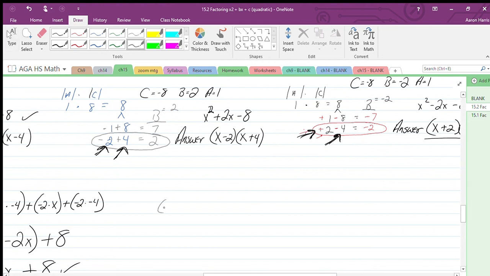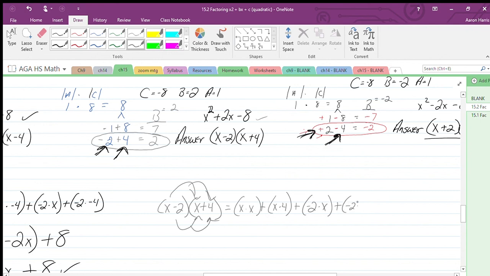We have x minus 2 times x plus 4, and it better equal x squared plus 2x minus 8. So here we go. First, outer, inner, last. So that's equal to what? X times x plus x times 4 plus negative 2 times x plus negative 2 times 4.